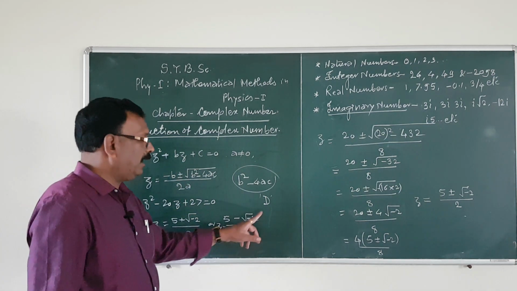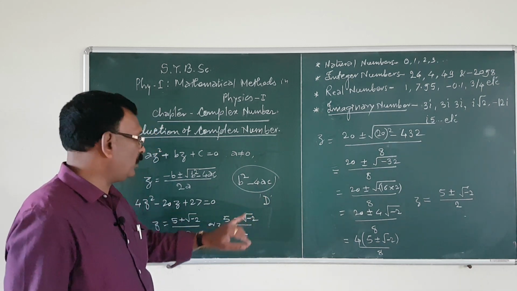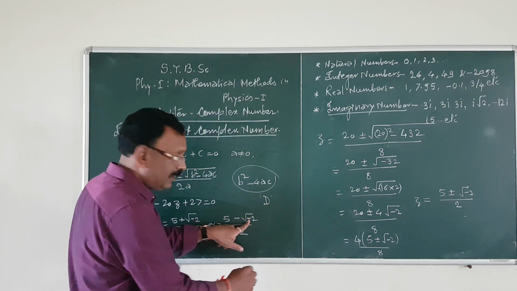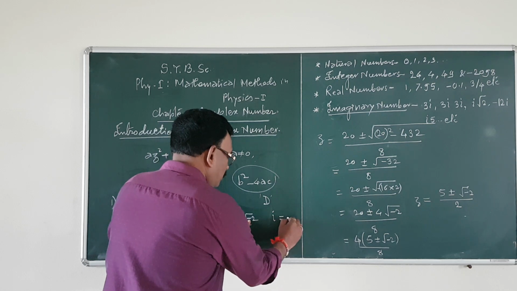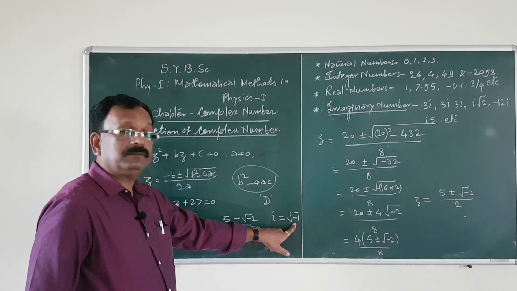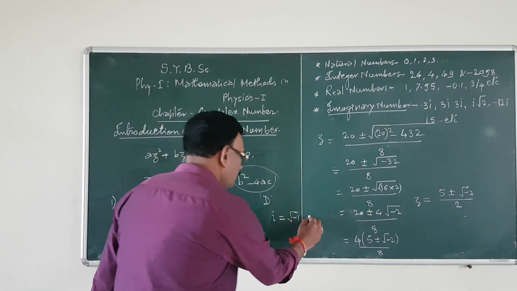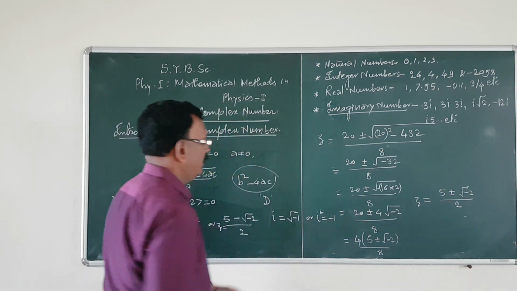So in order to solve this problem, we have to introduce i. Square root of minus 1 is equal to i, or i square is equal to minus 1.